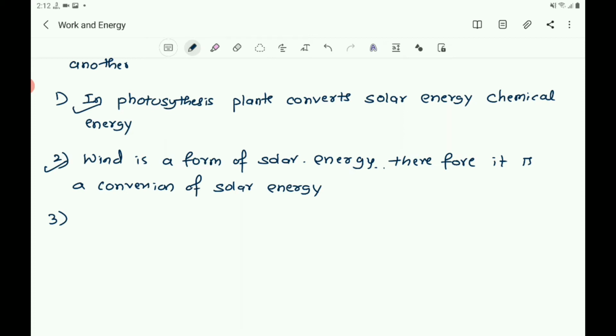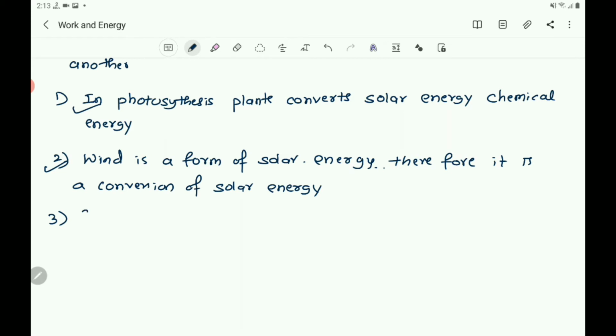So, they are also converted from solar energy, because you know that plants and microorganisms, any living being, live with the help of solar energy. So, solar energy is present in the plants and animals, and as they are converted into coal and petroleum, you can say that fuels are also conversion of solar energy.